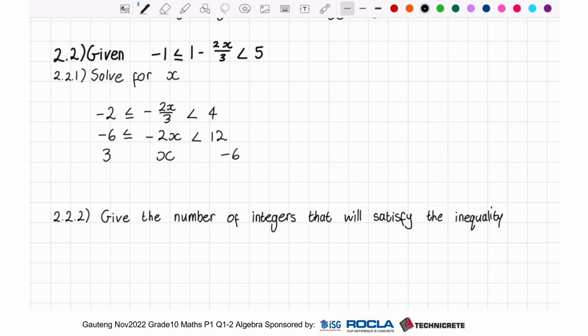But now what I have to remember is that when I've got inequalities like these, and I divide or multiply the whole inequality by a negative number, that means that my inequalities have to change direction. So here where I had the less than and equal to, I must have the greater than and equal to, and here where I had the less than, I must have a greater than.